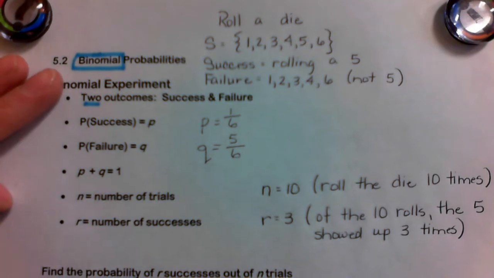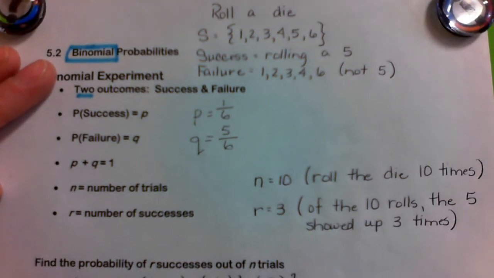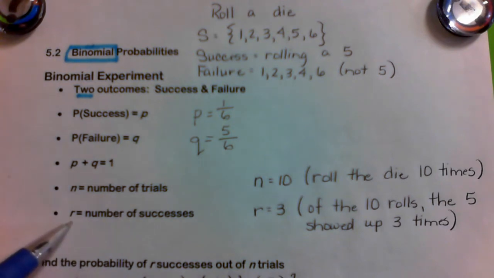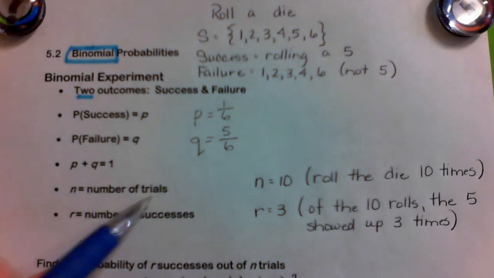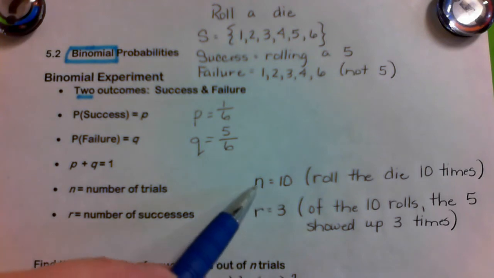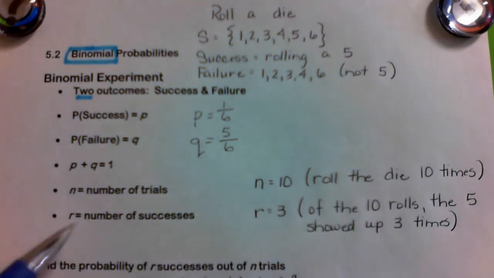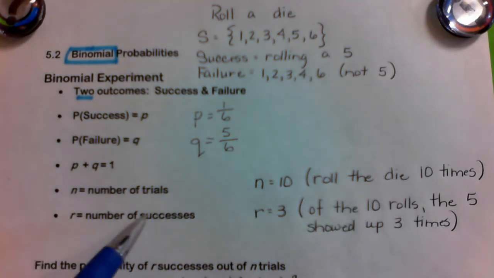One thing we also do with a binomial probability that we have not done yet is define n and r. n is the number of trials. For example, if n is equal to 10, that means you're going to roll the die 10 times. r is the number of successes. Remember, we define success as being the number 5.